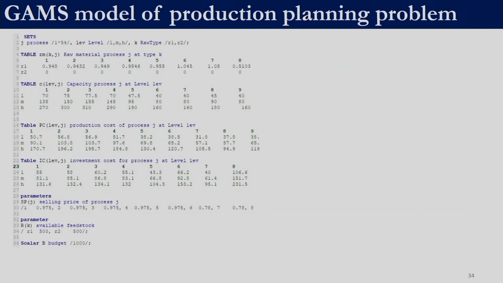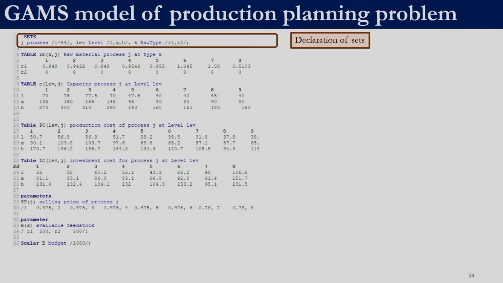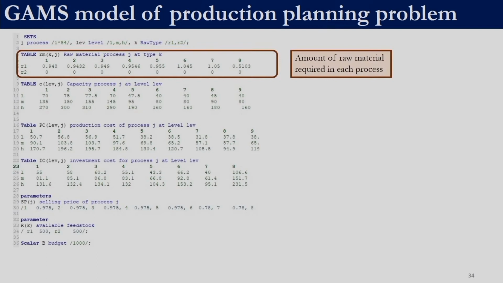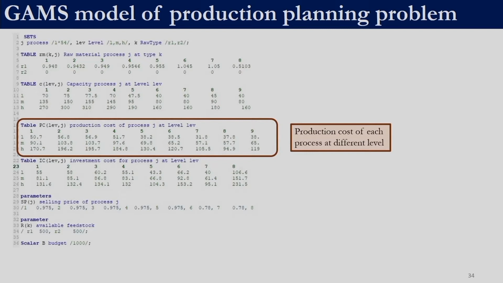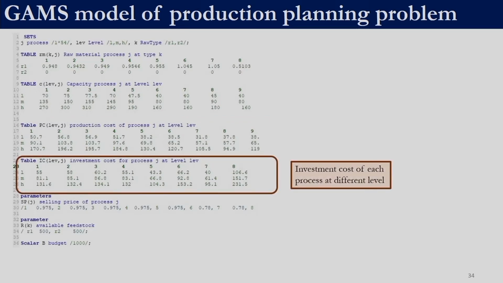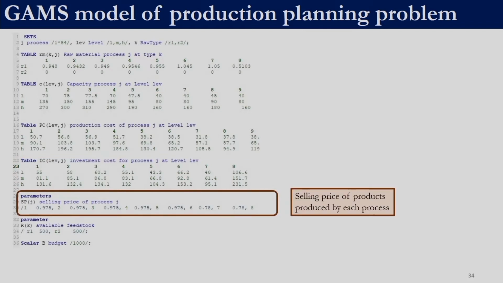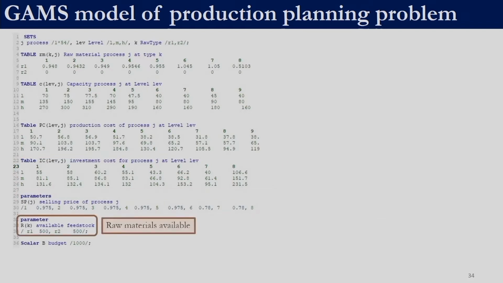So, just to quickly run you through what we have done so far is we declared 3 sets and we assigned values to them. Then we created a table to provide the amount of raw material which is required in each process. We have another table which gives the production capacity for each production level, and then we gave the production cost and the investment cost corresponding to each process and the appropriate level, and we have this vector SP which denotes the selling price of the product, and we have another vector over here which has the amount of raw materials which are available.